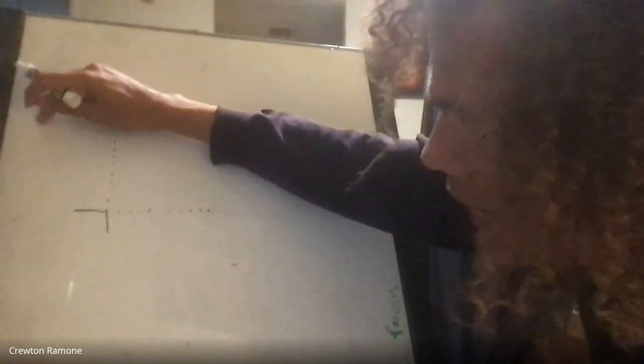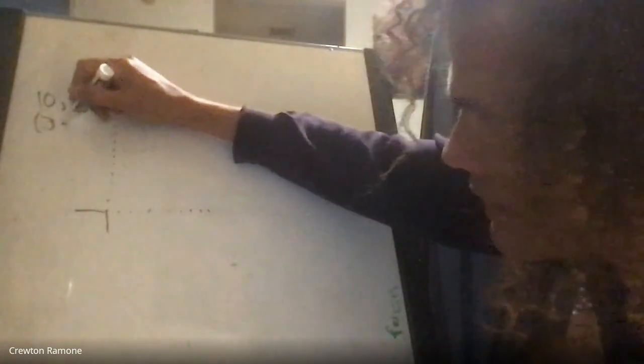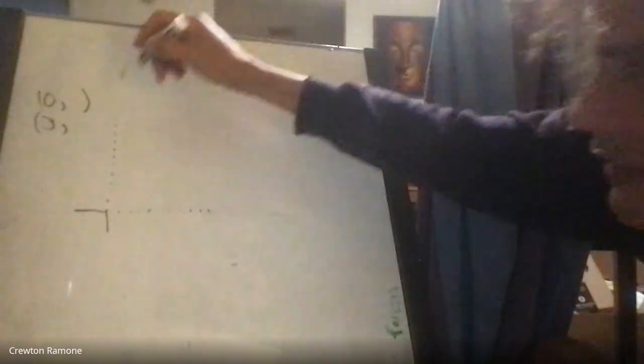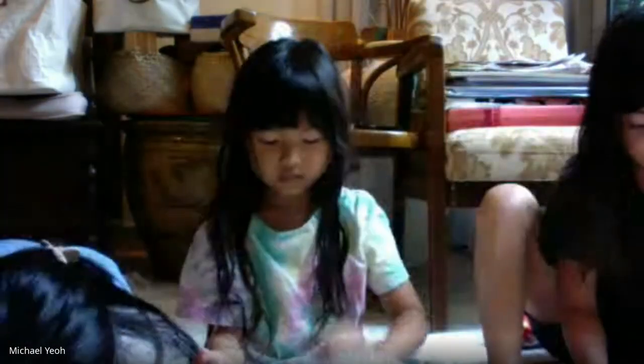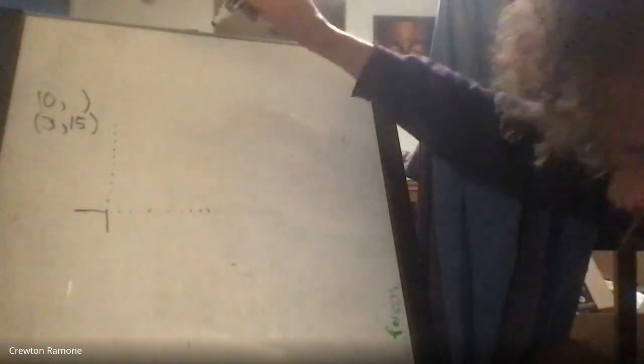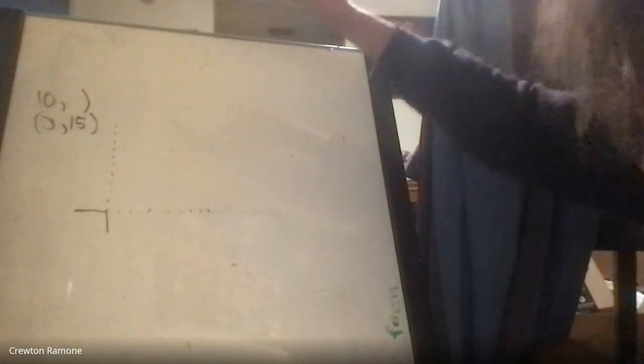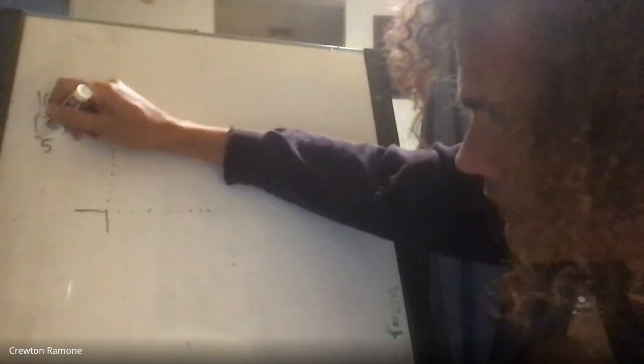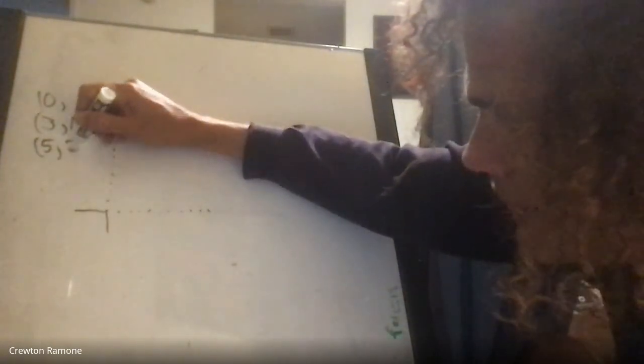So at 0, we don't know again because he didn't get there in time. Okay. After 3 hours, what do you say? I just read the graph. It was 15. After 5 hours, it was 23.